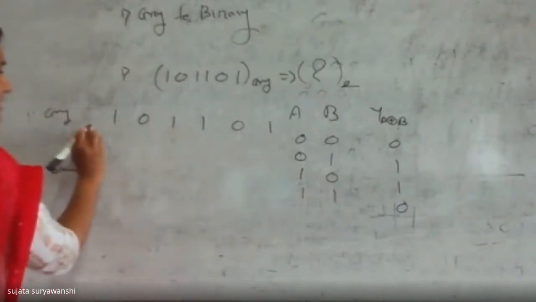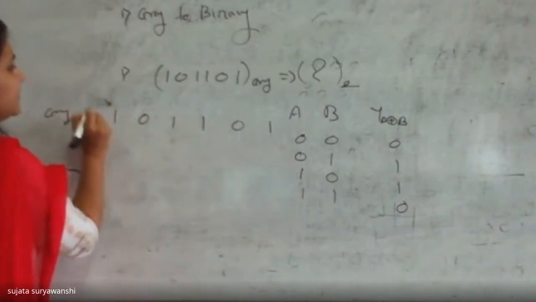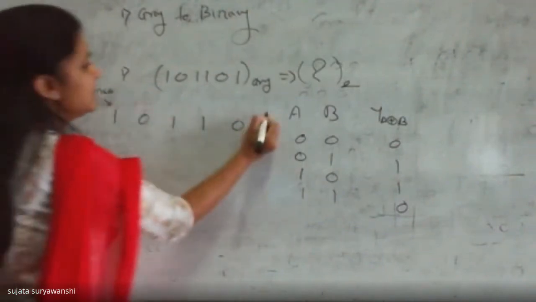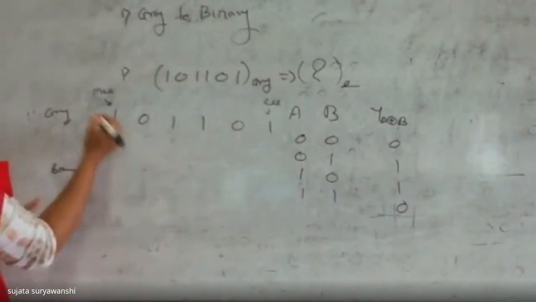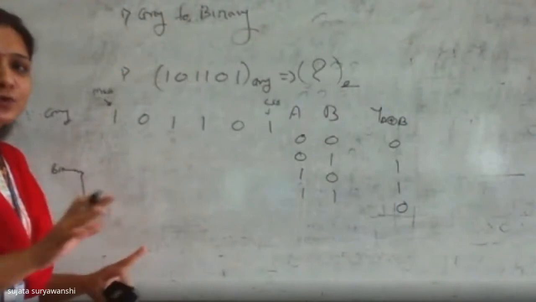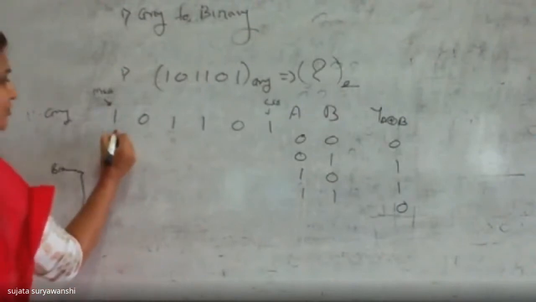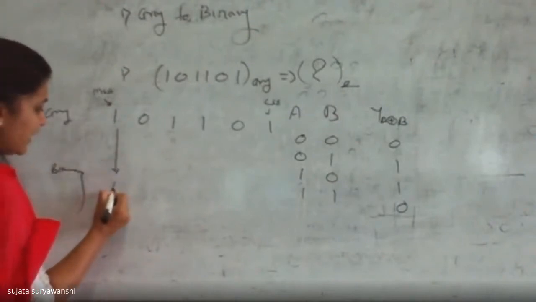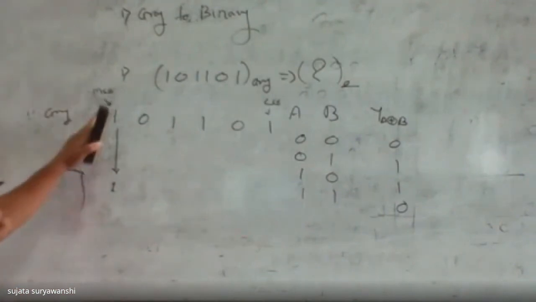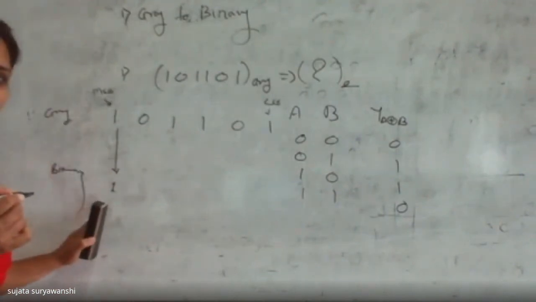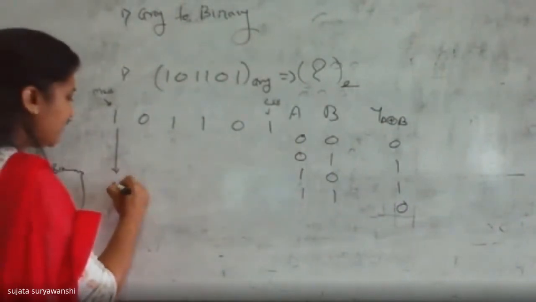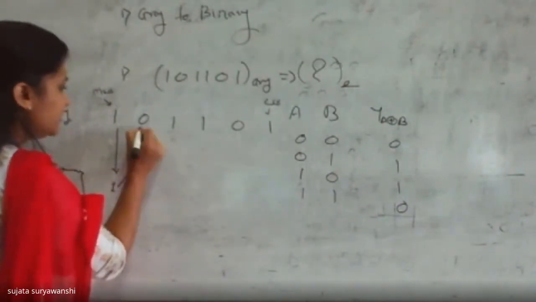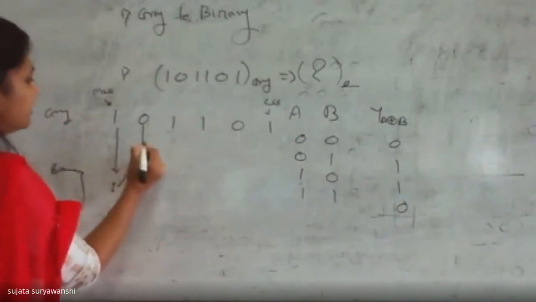This is the MSB bit of the gray number, and this is the LSB bit of the gray number. You have to start with the MSB bit, as the MSB bit of binary and gray are the same. So just copy it as it is, 1. After that, to get the next binary bit, you have to XOR this bit with the next gray bit.